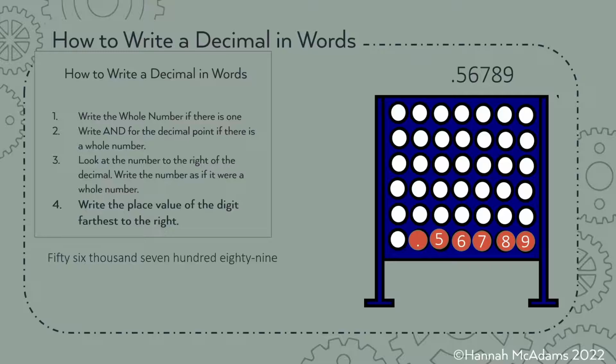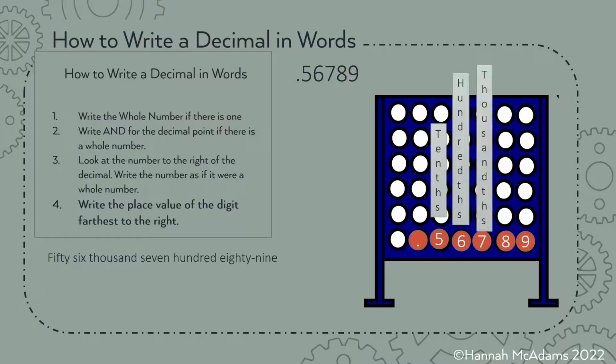All right, and then the fourth step is to write the place value of the digit farthest to the right. Okay, I like to count them, and I just start with tenths and then hundredths, thousandths, 10,000ths, and then 100,000ths. And again, notice that the THS ends all of those words. So I'm not saying 100,000s, I'm saying 100,000ths.